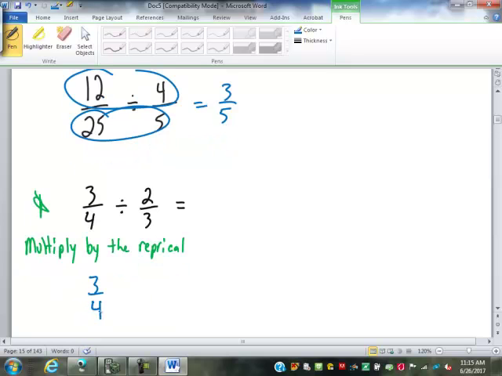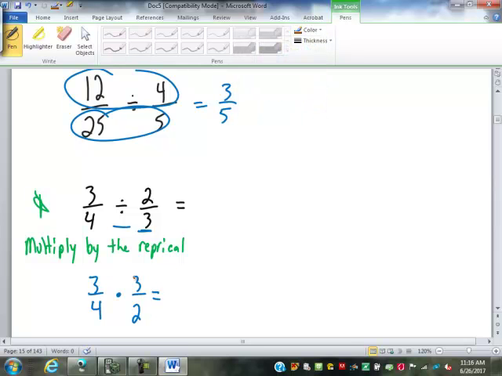Just like when we were talking about subtracting, changing it into adding the opposite, the operation works on the number that comes after it. So the division goes with the 2/3. It's the number that comes after it. So the 3/4 does not change. But instead of dividing by 2/3, we multiply by 3/2.